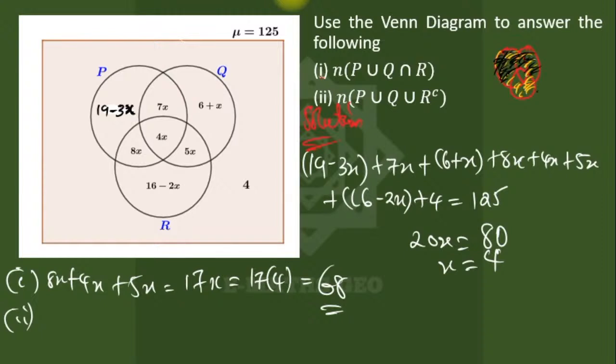So from our diagram, it is 19 minus 3x plus 7x plus 6 plus x. Which is 19 plus 6 is 25.